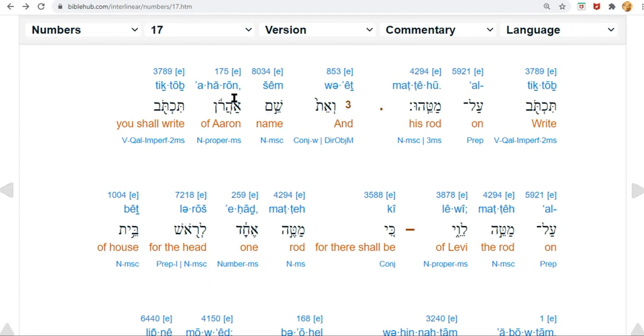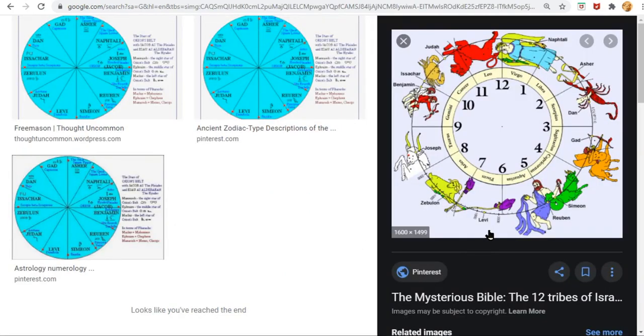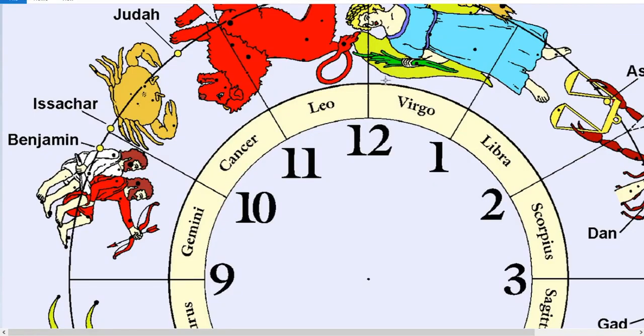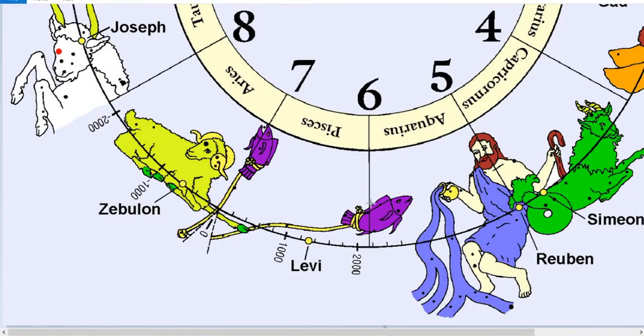What's center at cut in? All etch math Levi. So Levi is, it looks to be just about center here, just past 6. So usually Virgo is the 6th month, but it appears to be showing a map, a chart of the precession of equinox here.